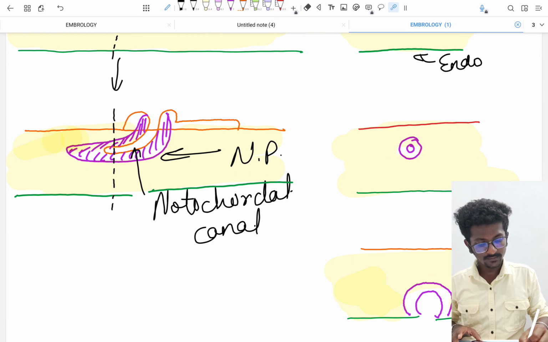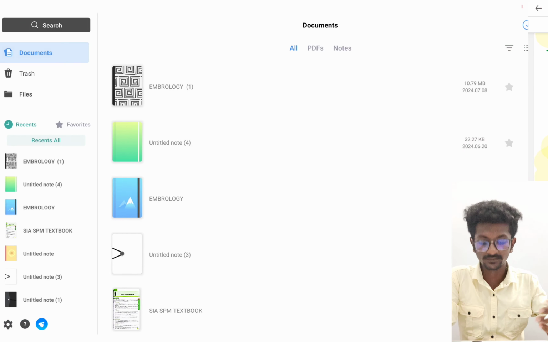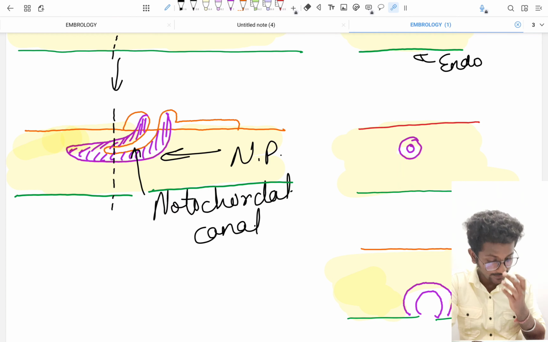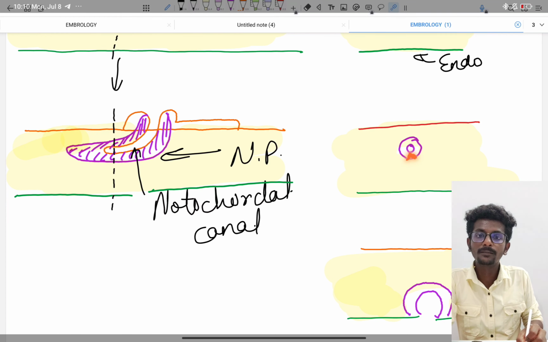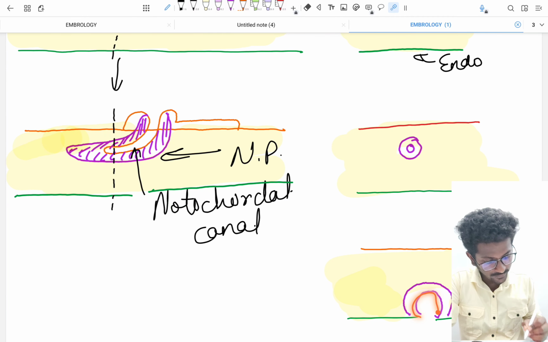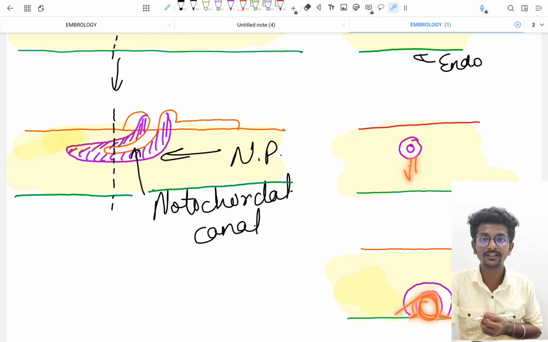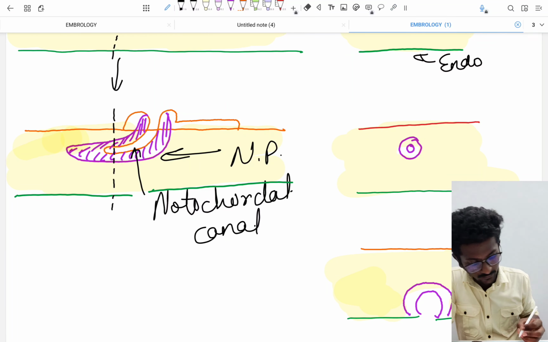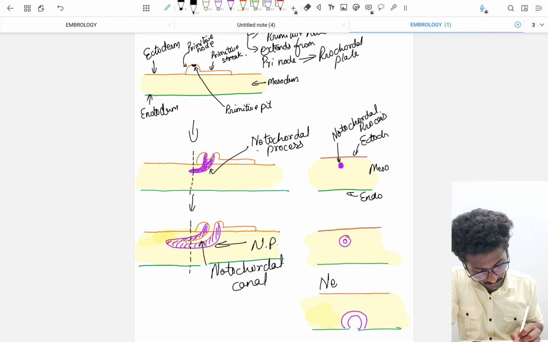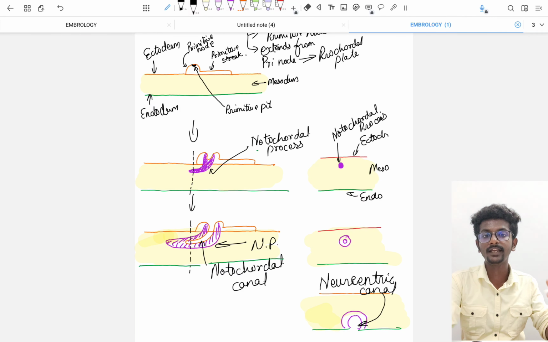What happened here? This notochordal process migrated in the downward direction, and then the ends of the notochordal process fused with this endoderm, and then it formed a structure in this way. It moved downward, and then the ends fused with the endoderm, and then it formed an opening over there. So this structure which I have made here is called the neuroenteric canal. This thing is the neuroenteric canal.